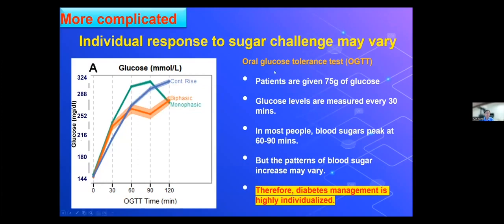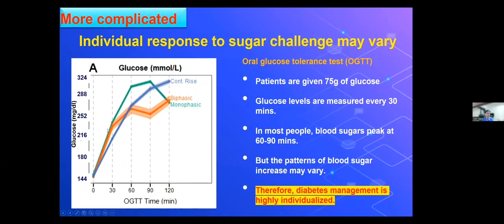This is an example called OGTT, oral glucose tolerance test, in which we give the patients 75 grams of glucose. This is simple sugar. Then we measure glucose levels every 30 minutes. Most people's sugars go up, glucose levels go up, between 60 to 90 minutes. But you can see the patterns can be quite different.